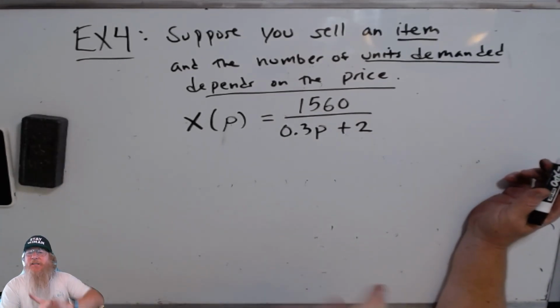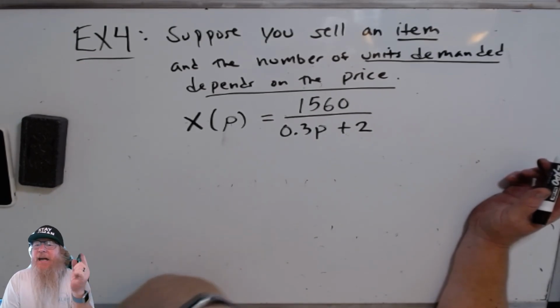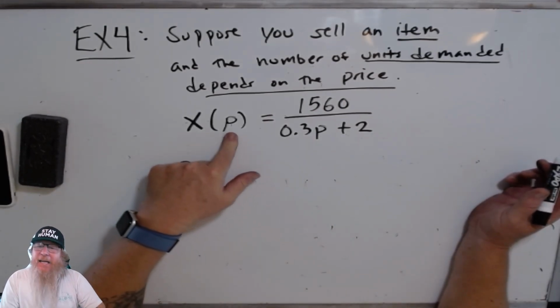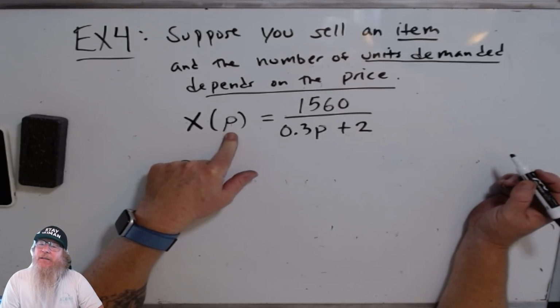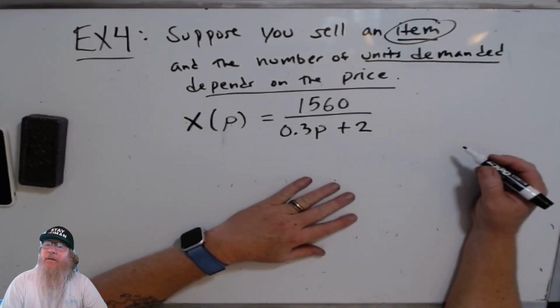So in other words, this is reversing the price demand function and saying, well, if you plug in a price, this will tell you how many people will buy the item, right?